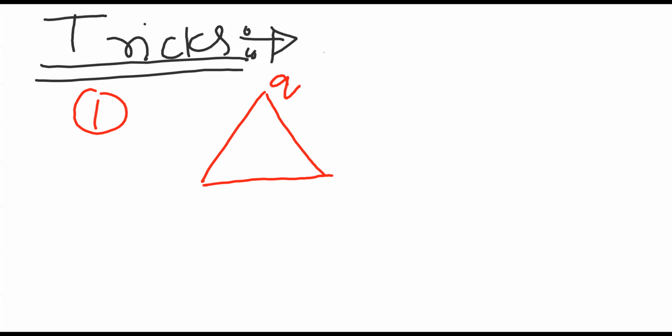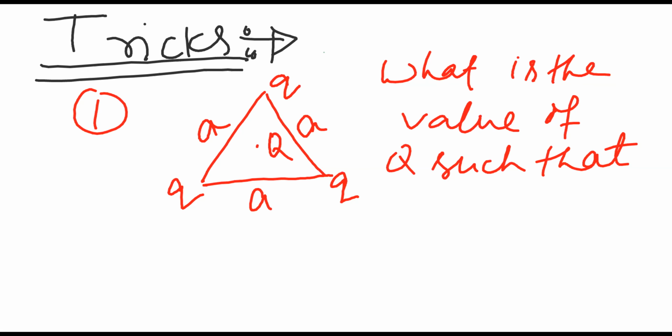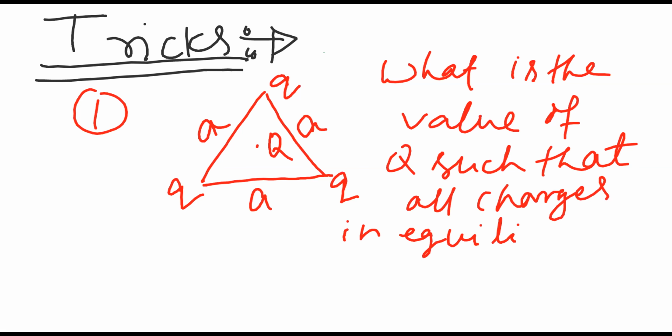Q, Q, Q. Three charges are there, and at the center another charge Q. This distance is A, this distance is A, this distance is A. Now if you're asking what is the value of Q such that all charges are in equilibrium.